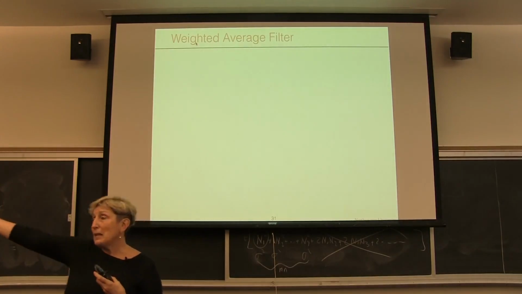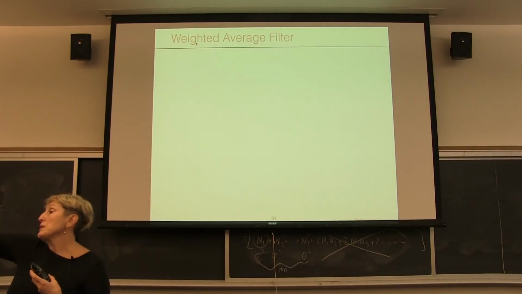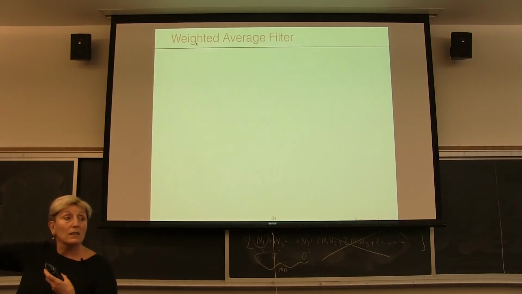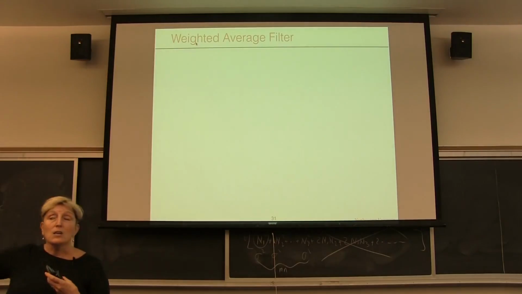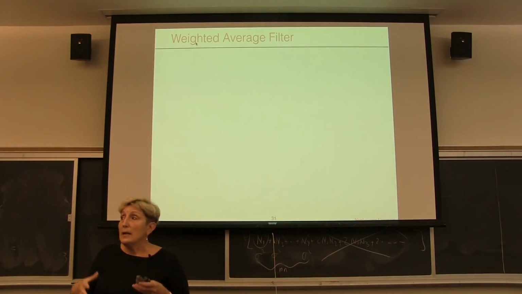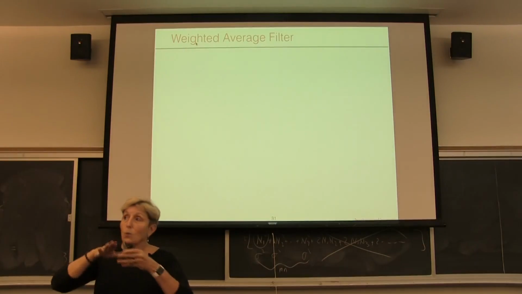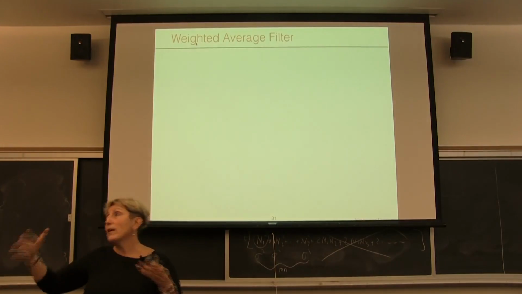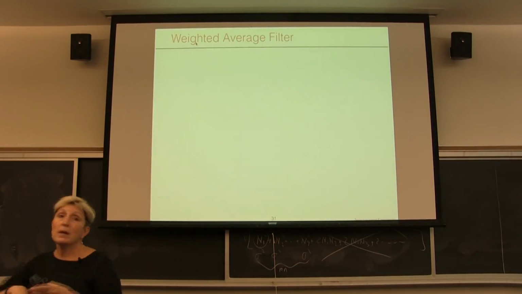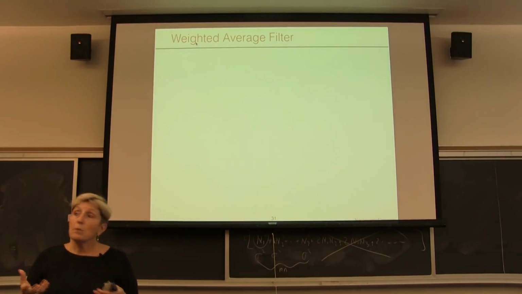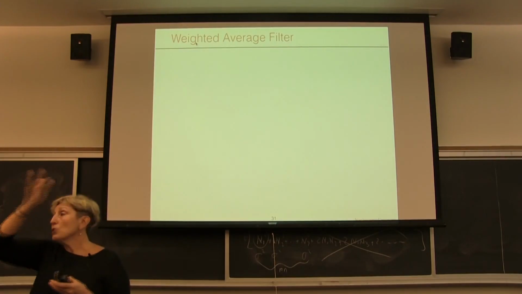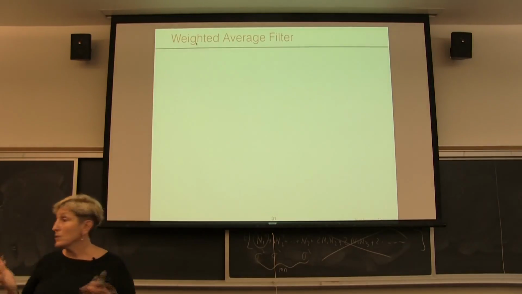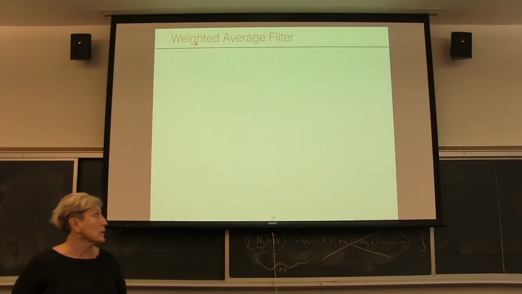But the farther they live from me, the less I trust them, because maybe they're on the other side of the fence, or the other side of the edge. So we're going to do a weighted average where the weights decrease as I go farther away from the center. You can pick any kind of pattern, but the most commonly used decays sort of exponentially, like a Gaussian. And so the Gaussian filter is one of the most popular filters for noise cleaning.